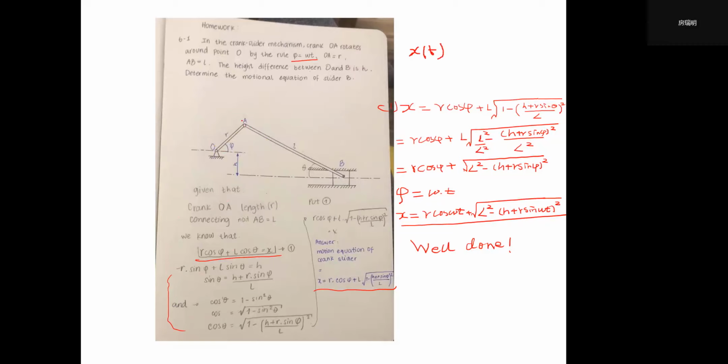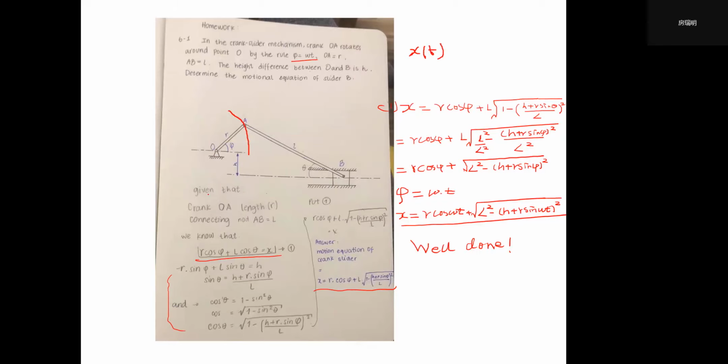This A will have a circular trajectory. This circle will have radius R, right? Maybe I try to draw part of its trajectory, along a circle. So it can be at different positions. At this position, this phi denotes OA's direction or angle, right?